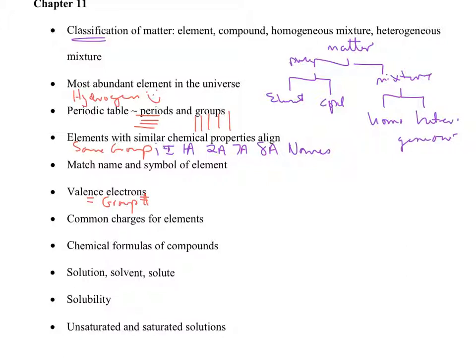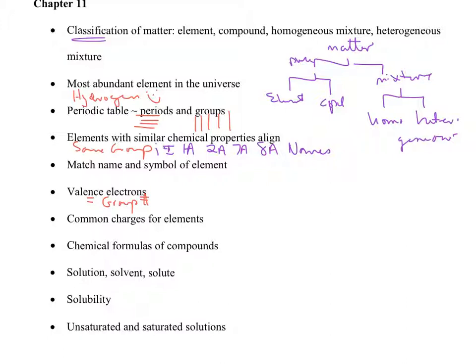Okay, let's see, common charges for elements. That's where, like at the top of your periodic table, or since you guys get a note card, just on your note card somewhere, you might put 1A and +1, because 1A metals form a +1 charge.